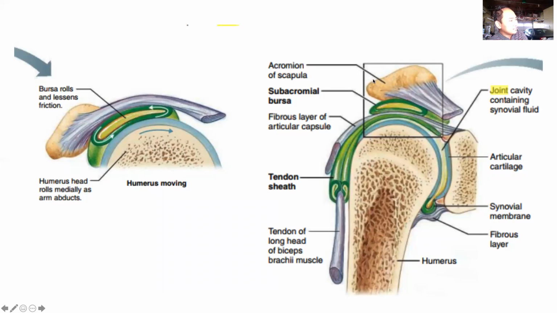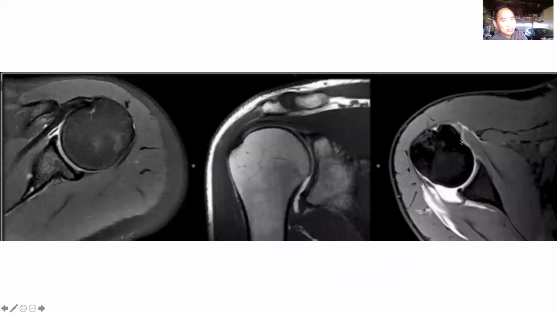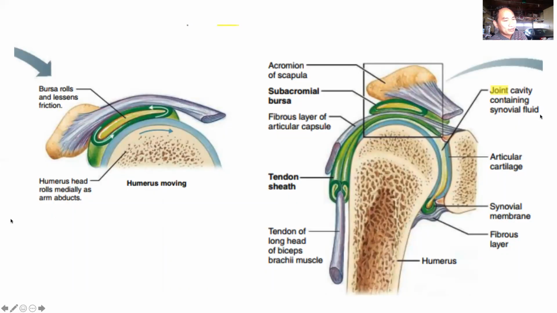And this is the acromion, which is part of the scapula, and the rotator cuff tendons, which is, let me go back. Rotator cuff muscles and tendon, which is running just below the acromion, above the humerus.